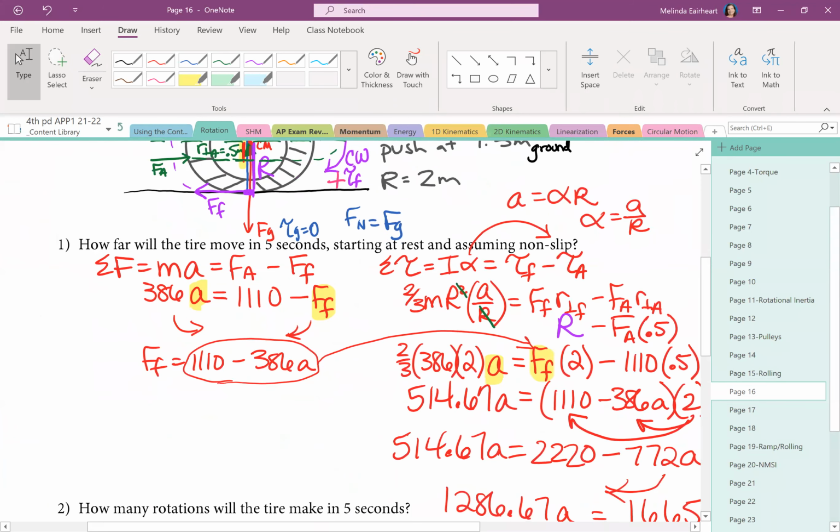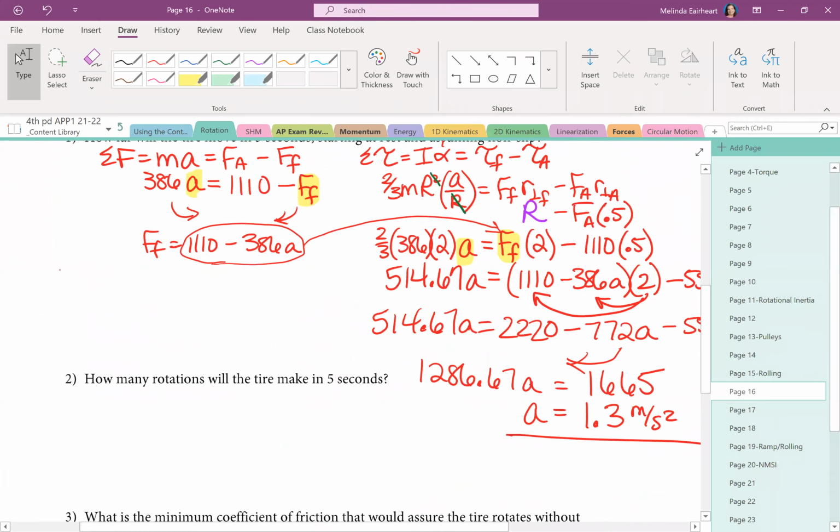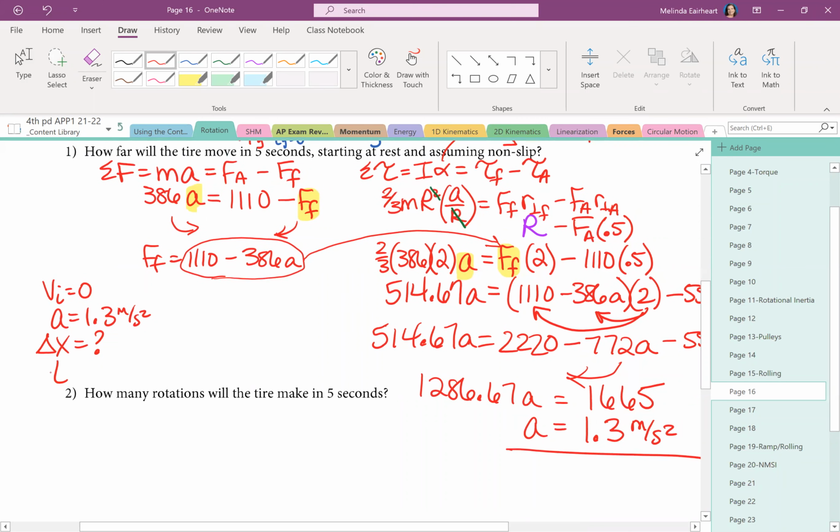And so now let's do a little kinematics. Finish that out. It said release from rest. Now we know the acceleration. We are looking for how far it travels. And then what else? Oh, they tell us the time, 5 seconds. And so good old second equation.